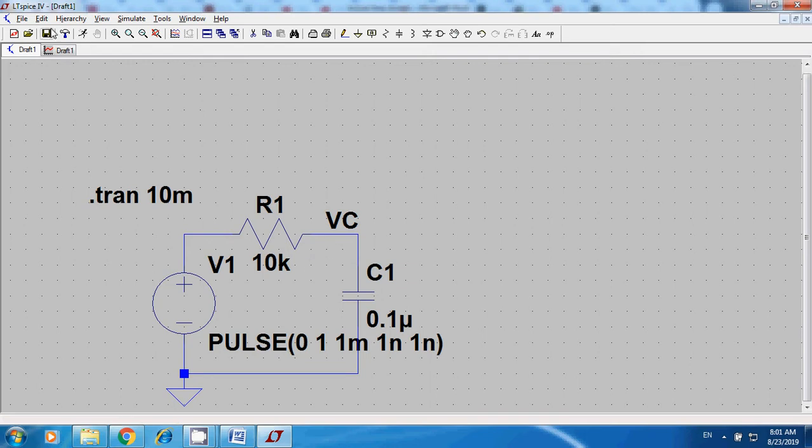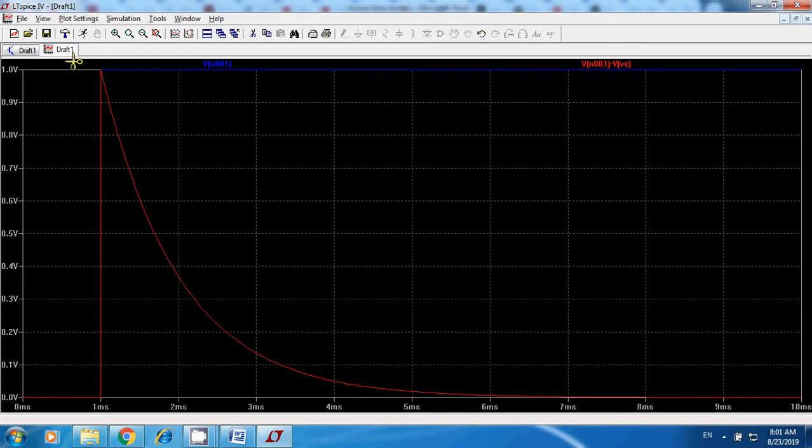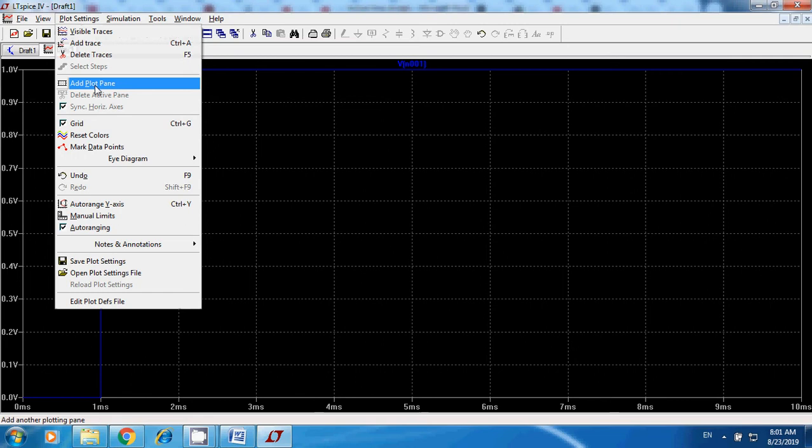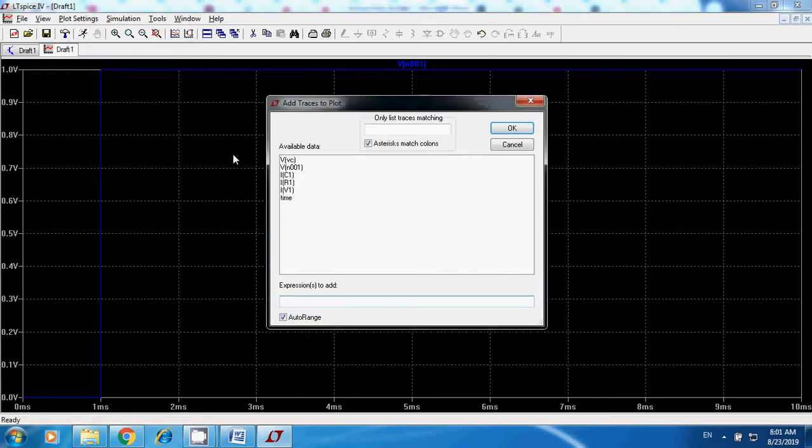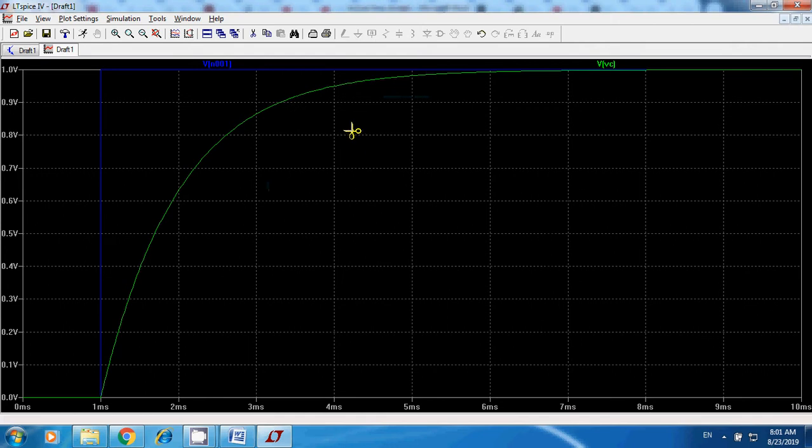Okay, so you go to the plot. I already have this one, so let's start over again. Let's go back to address the voltage drop across the capacitor, right? The green line, and the blue line is the input voltage.